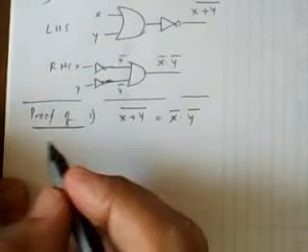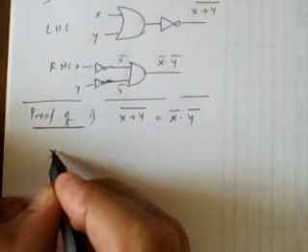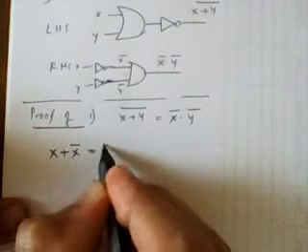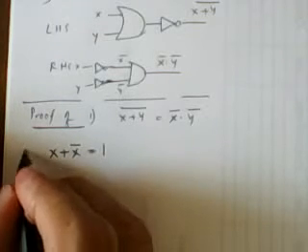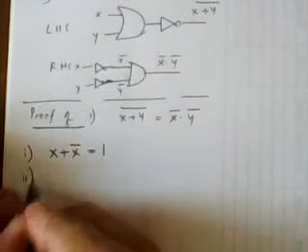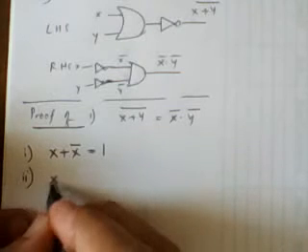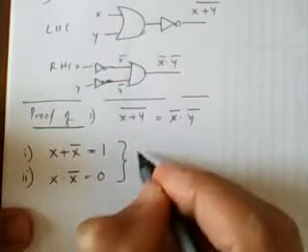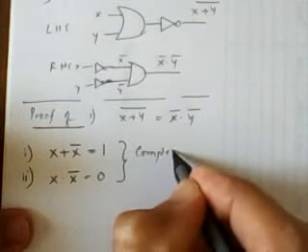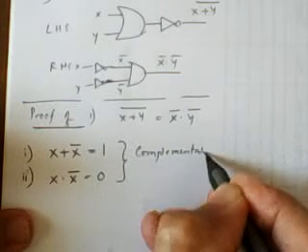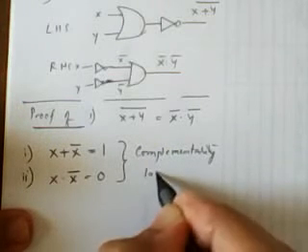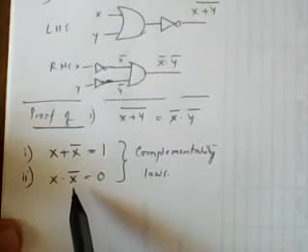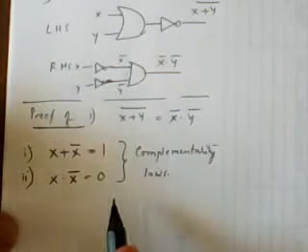The complement theorem says that x plus x bar is equal to 1. This is equation 1. And the second, with respect to logical multiplication, is x dot x bar is equal to 0. So these two are the complementarity law that you know with respect to logical addition and with respect to logical multiplication.